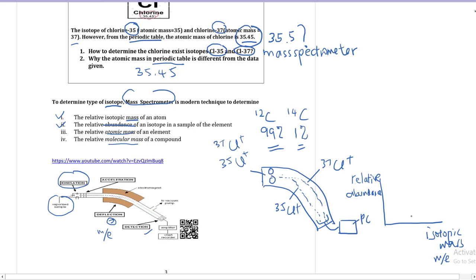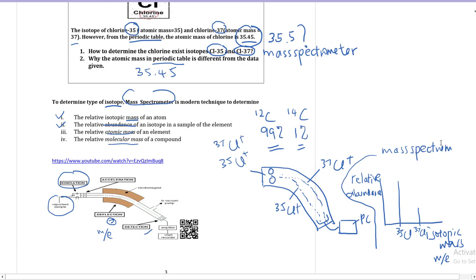Let's say for 35, they will record 35Cl. The percent may be higher, so the abundance will be higher. For 37Cl, the percentage is lower, so the peak will be lower. This is what we call the mass spectrum. This is the outcome of the mass spectrometer.